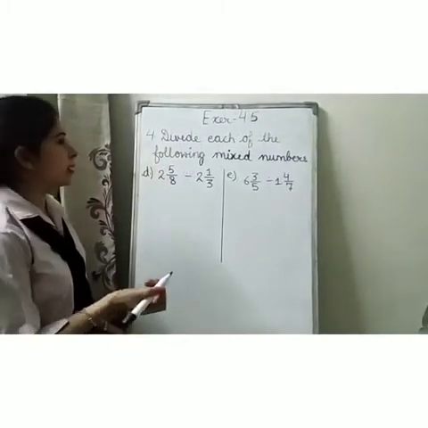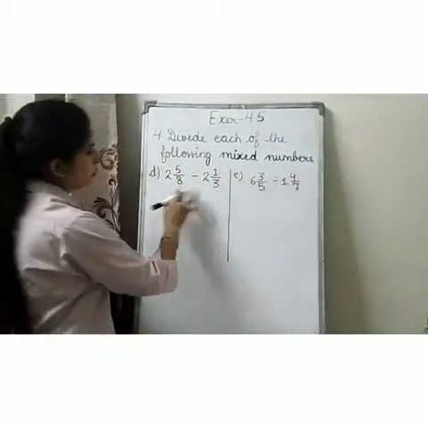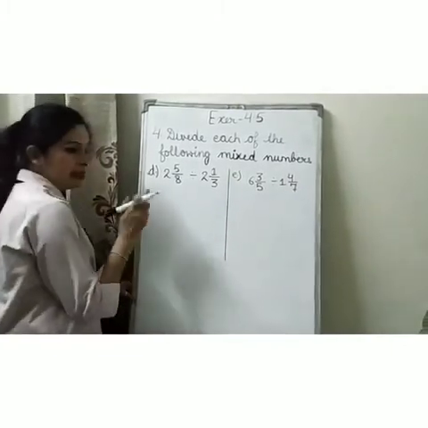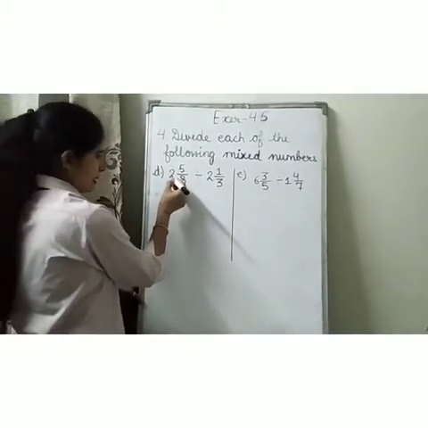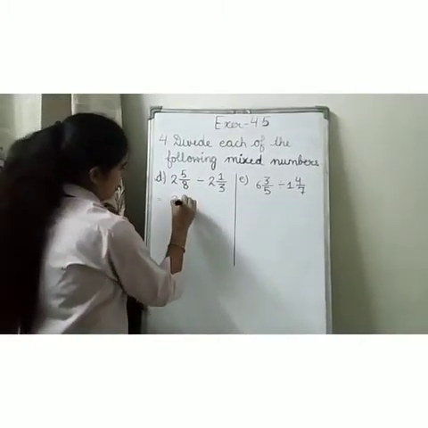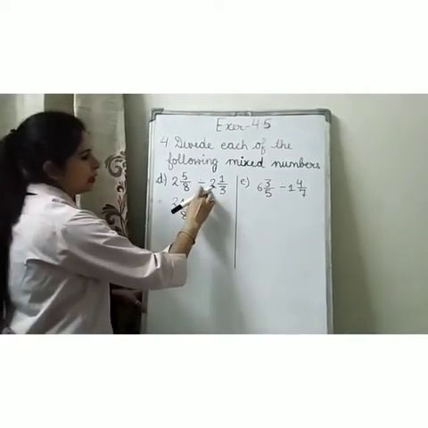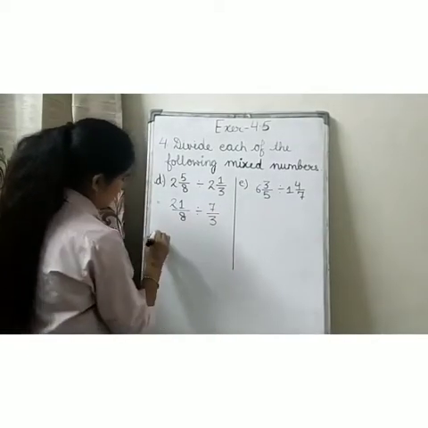Our fourth question is divide each of the following mixed numbers. See, both are mixed numbers now. So the first step we will take, we will convert them into improper fractions. 8 twos are 16 plus 5, 21 over 8 divided by 3 twos are 6, 6 and 1, 7 over 3.